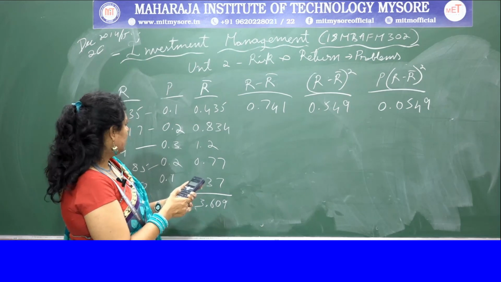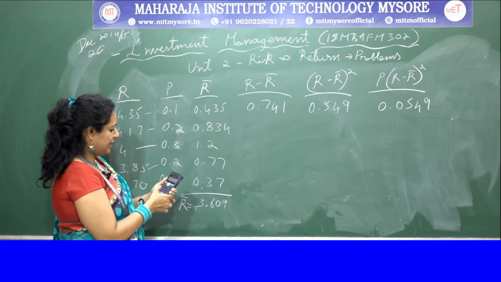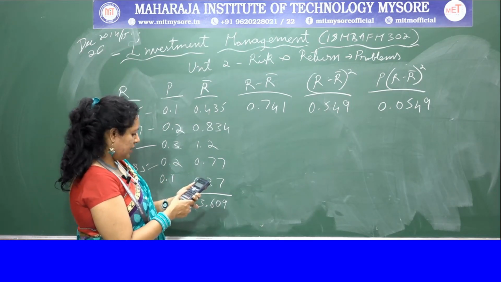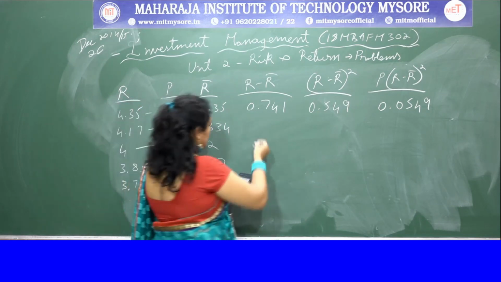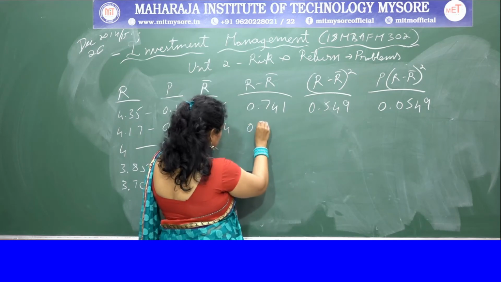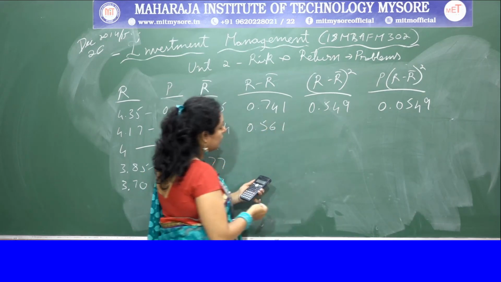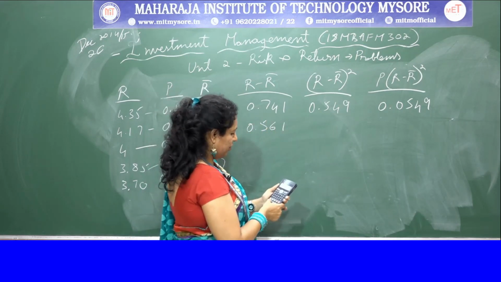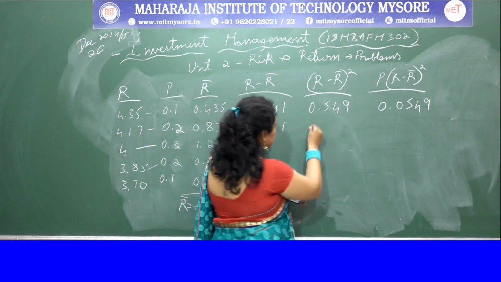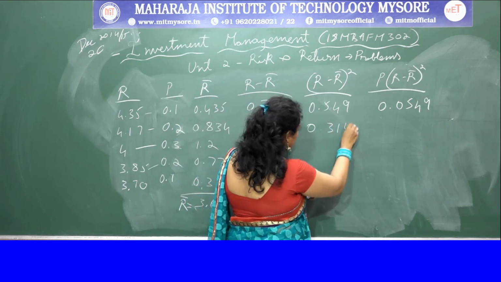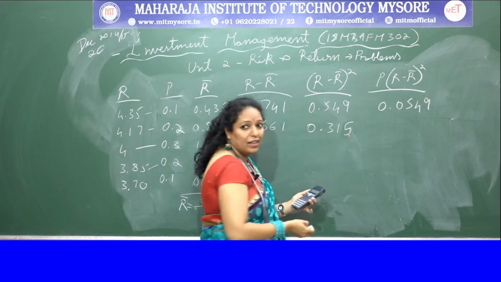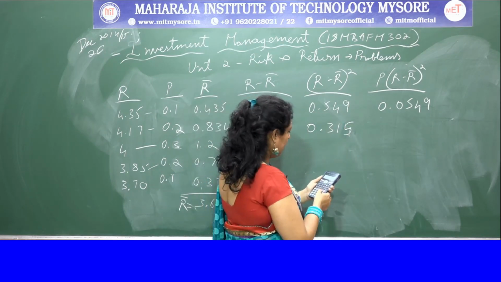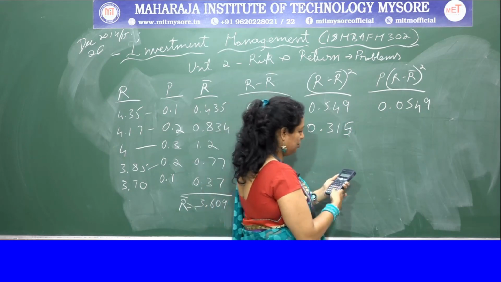No homework. Okay. So 4.17 minus 3.609, you get 0.561 into 0.561. We get 0.314, or you can take 0.315, into 0.2.